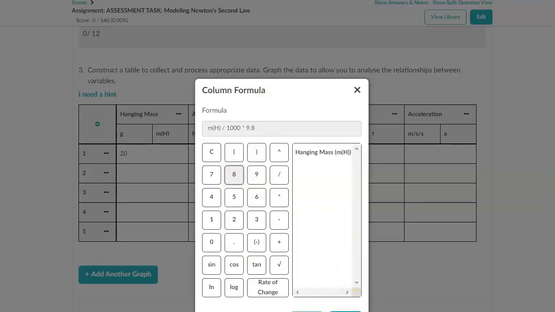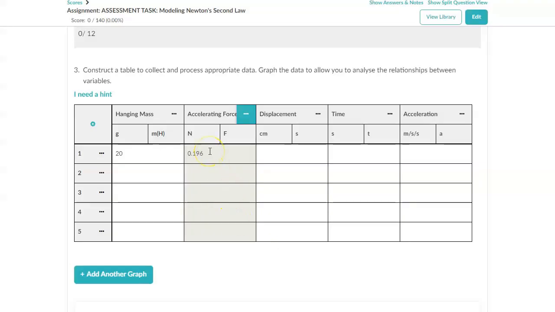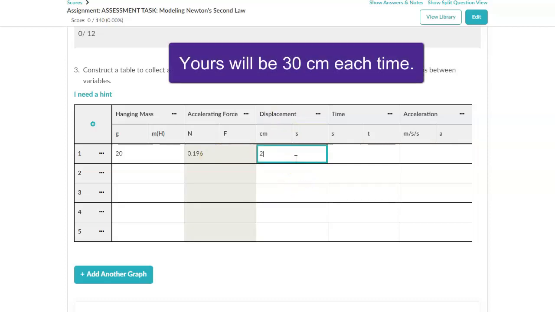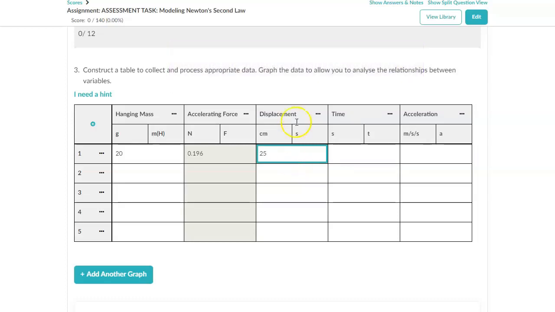And then there is a submit below, so I'll click submit, and as I showed on the whiteboard, it should be 0.196 newtons. So the displacement is going to be 25 every time, because I'm just going to use 25 to measure the displacement every time.